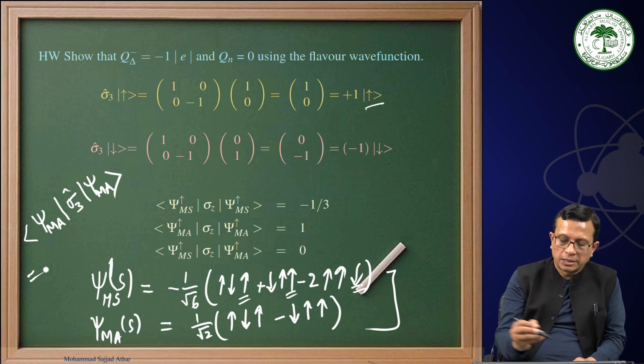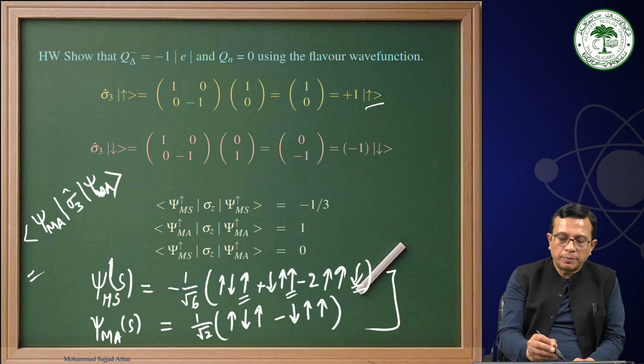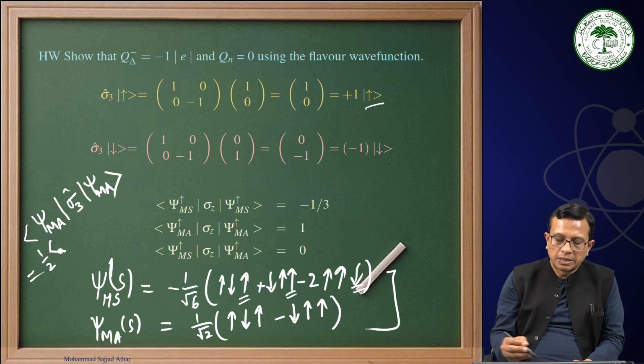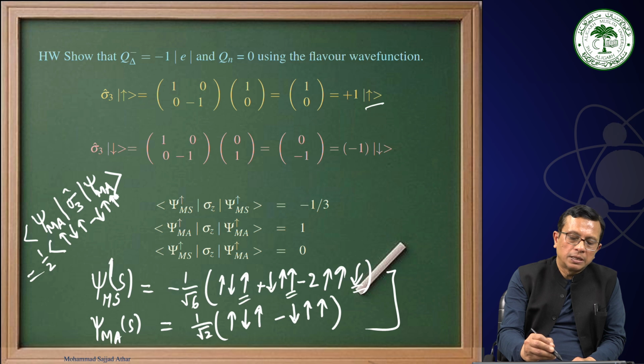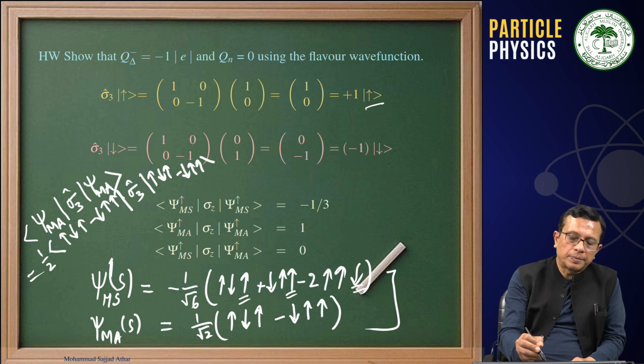This will be 1 by root 2, 1 by root 2 from both the sides, 1 by 2, and then up, down, up, minus down, up, up, and then the sigma 3 operator, up, down, up, minus down, up, up.